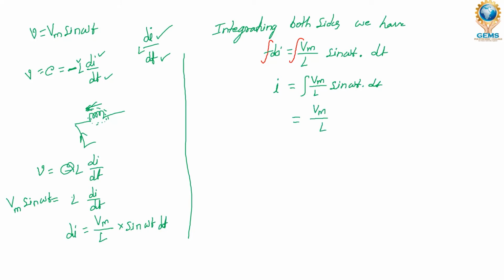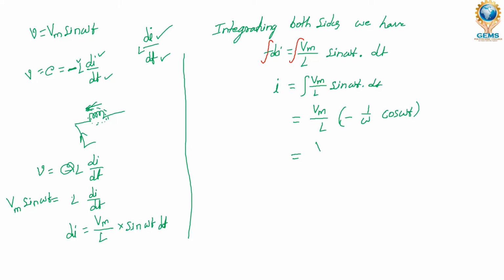Okay, integral sin omega t equals 1 by omega into minus cos omega t. Let me write clearly, minus 1 by omega into cos omega t.